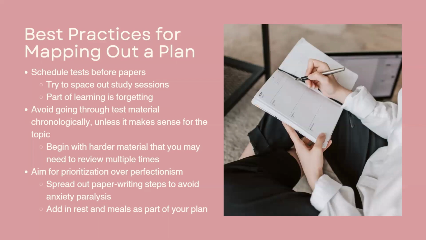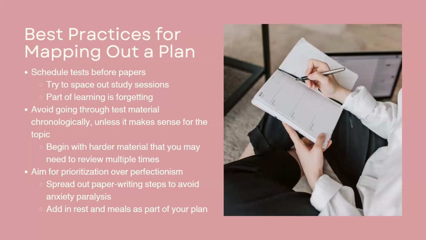This will, first of all, allow you to approach that material you need the most work on with more of your attention, and it will allow you to not rush it, but it will also allow you to review it multiple times. If you start with it on your first study day and then make time to look at it again in your last study day, you're going to be, again, engaging in that process of forgetting and remembering. So it'll give you more time to work through it with that particular topic.